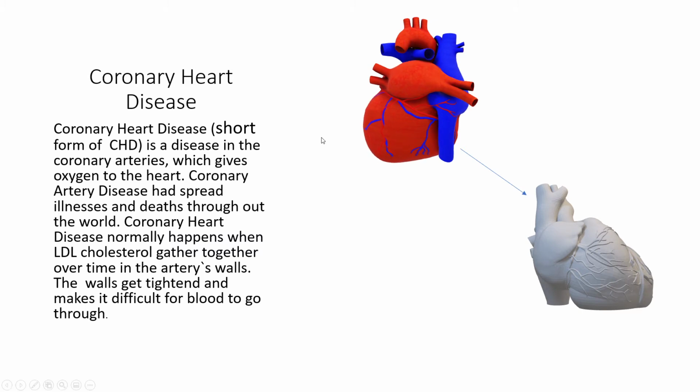So coronary heart disease normally happens when LDL cholesterol, which is the bad cholesterol, gathers together over time in the artery walls, coronary artery walls, along with the good cholesterol, the HDL cholesterol, okay? So the walls get tightened and it makes it difficult for the blood to go through.